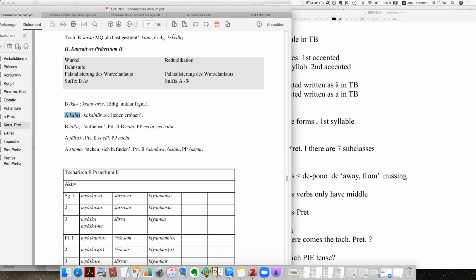In Tocharian A, the root is kern, but the preterite is kakerna.